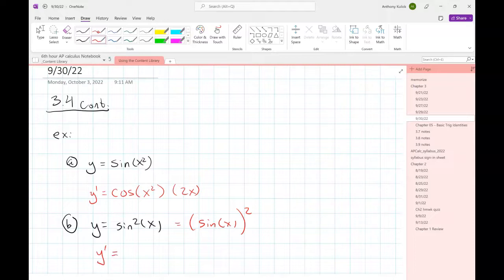So the derivative of x squared is 2x. So I'll have 2 sine x. And the derivative of the inner sine x is cosine x. Does anybody recognize this?